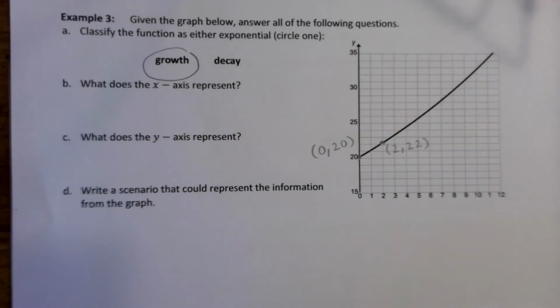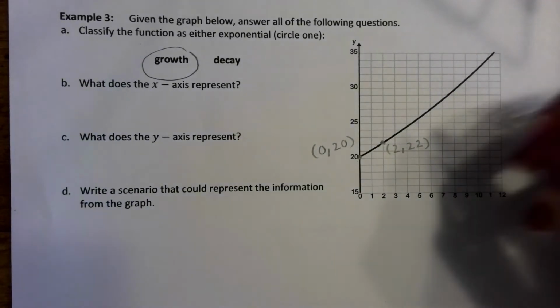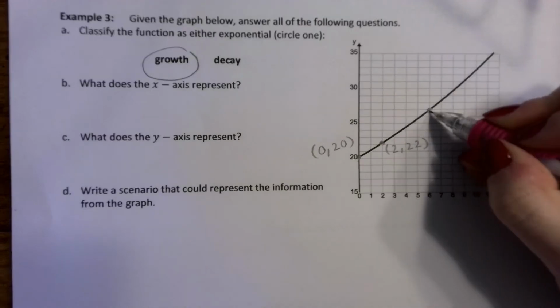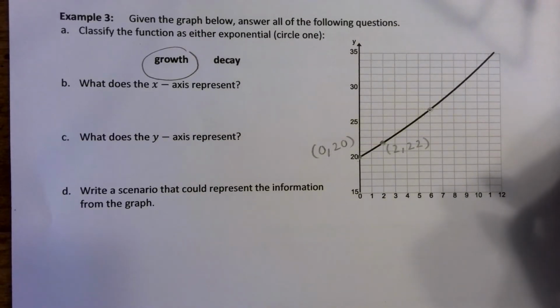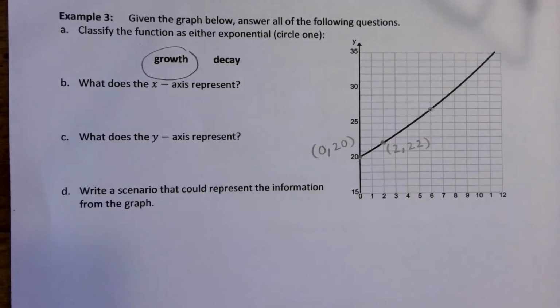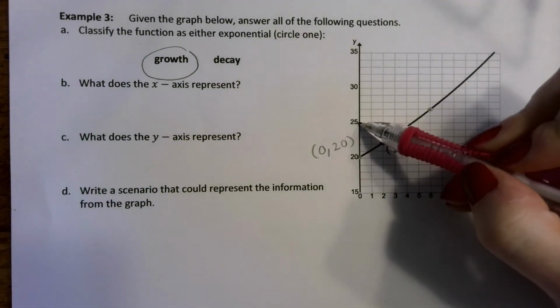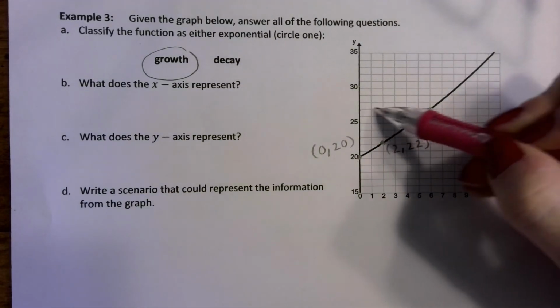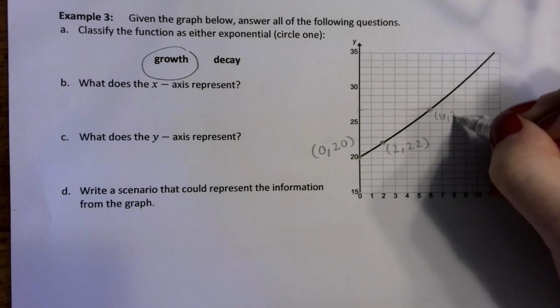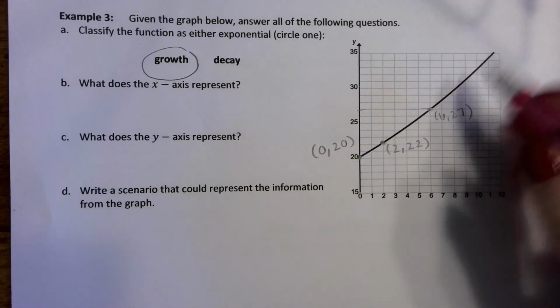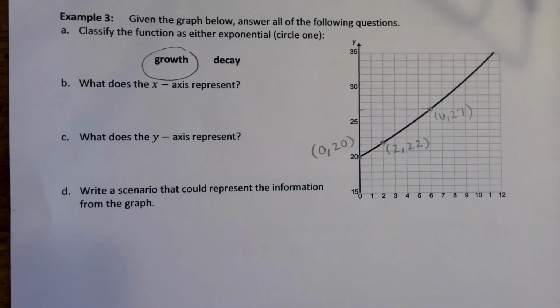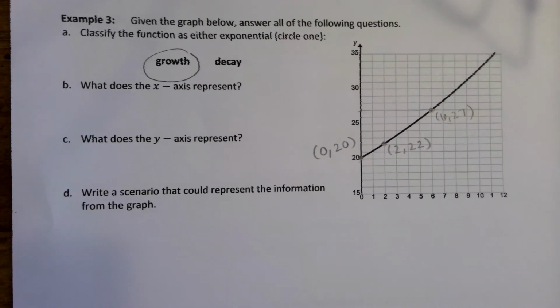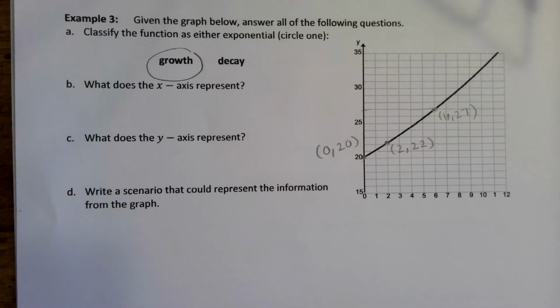You could also pick another nice one, here at 6, 27, as long as you're picking one other nice point.